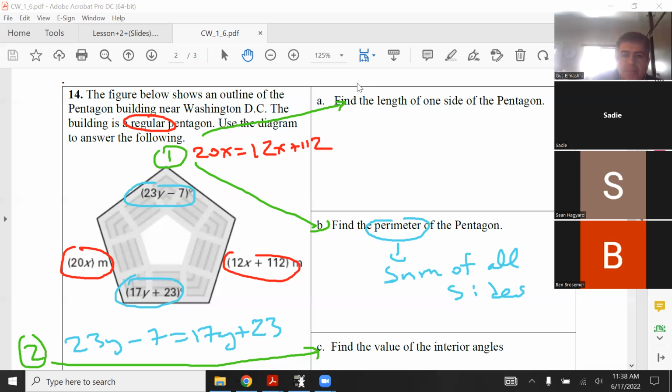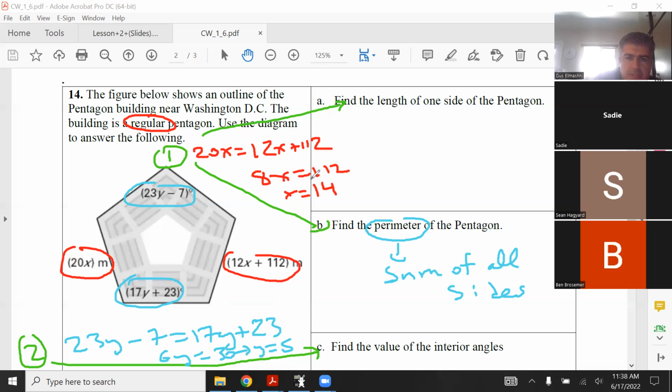I was just solving for x. You should have that. It should be 14. As you're solving for y, you should have 6y equals 30. So y should be 5.